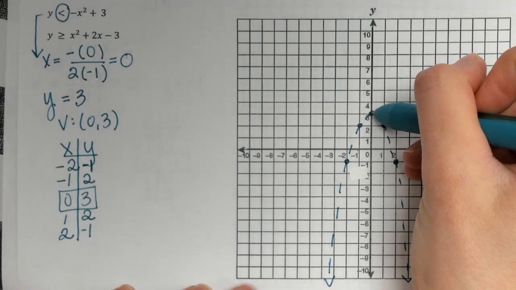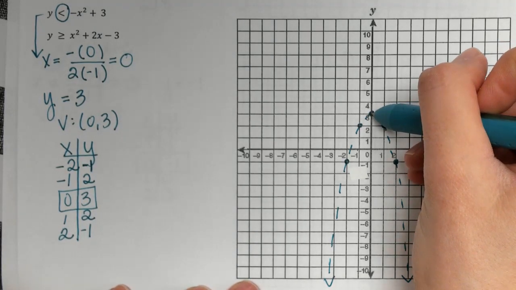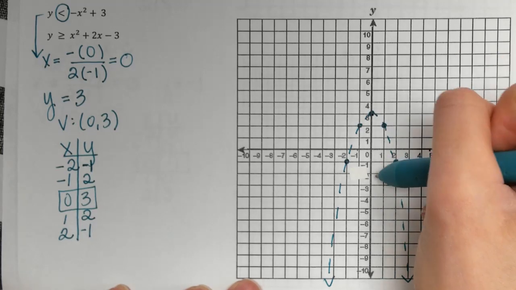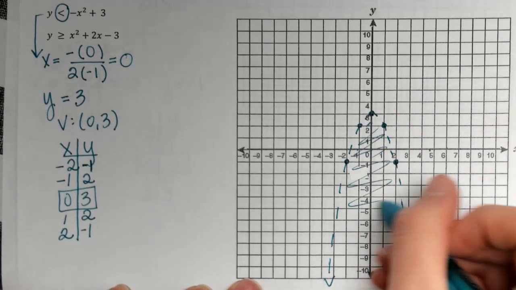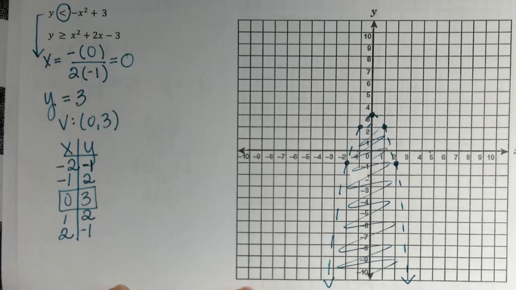It's less than, so I shade where? I go down, so it's inside my parabola. I'm going to lightly shade that. I'm not going to do it real heavy so that I can still see my second graph.